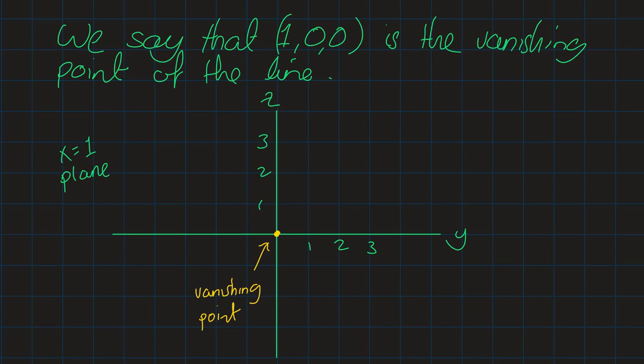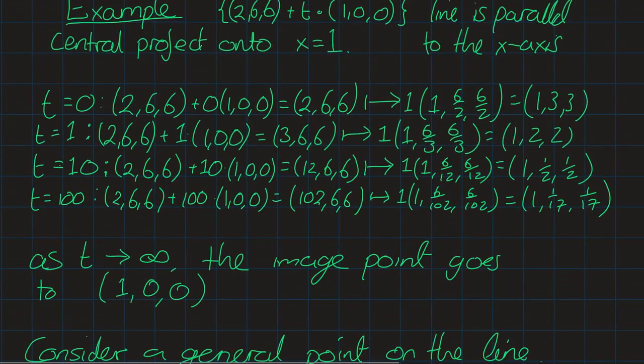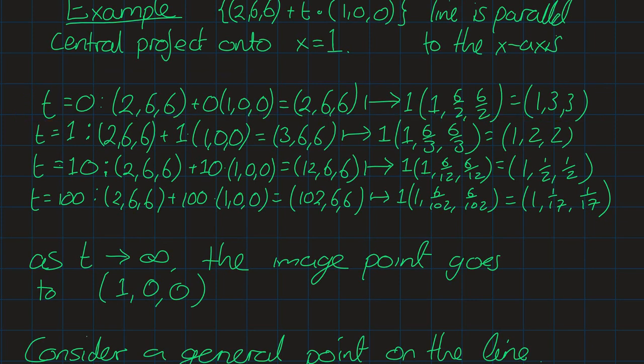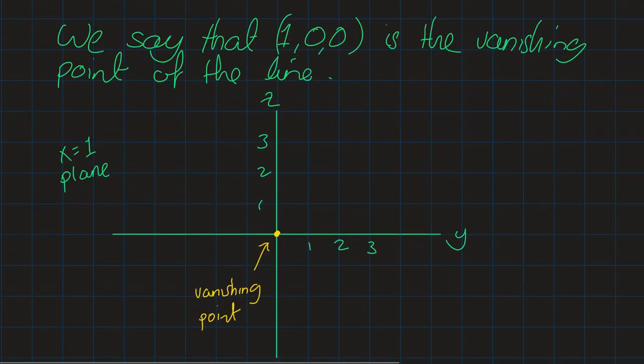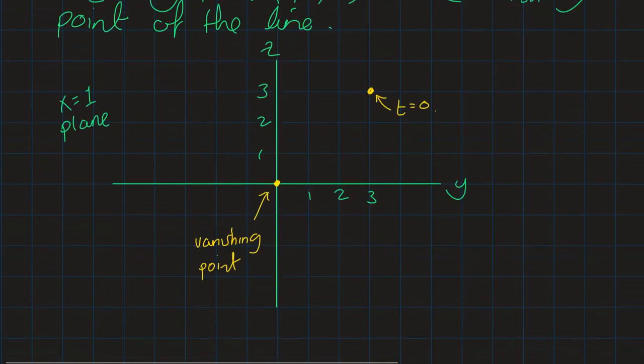But what does the rest of the line look like? Well, we can work that out by taking one of our test points. When t is equal to 0, the point gets mapped to (1, 3, 3), so I can go down here, go to 3, 3. This point corresponds to t equals 0. When t is equal to 1, it goes to (1, 2, 2).